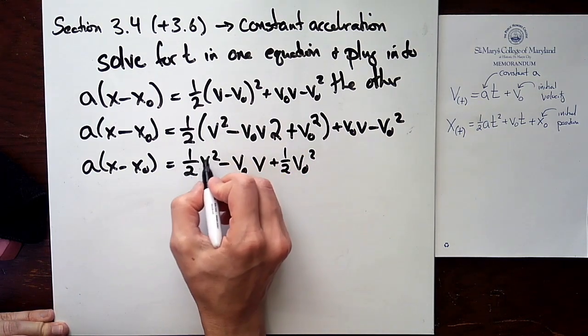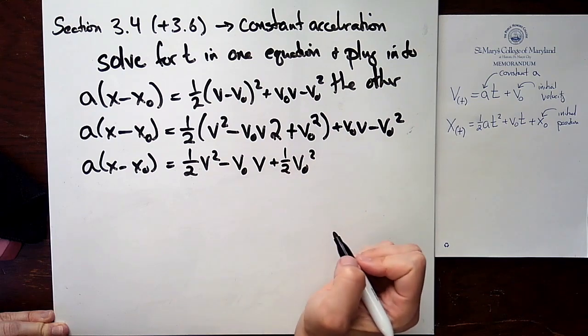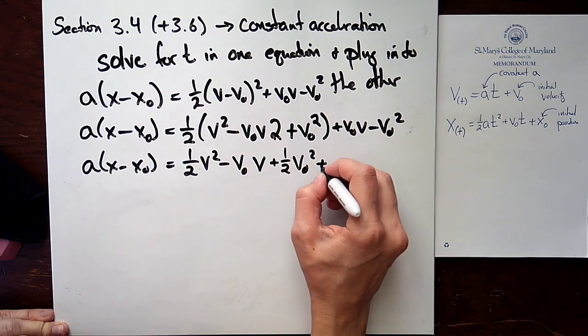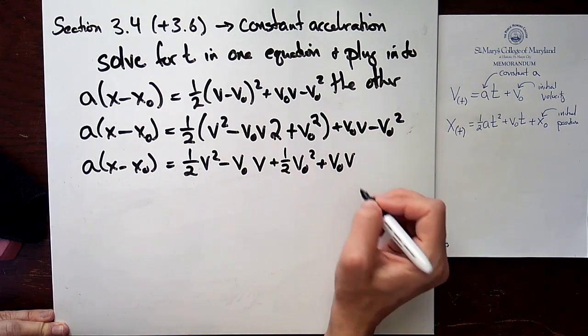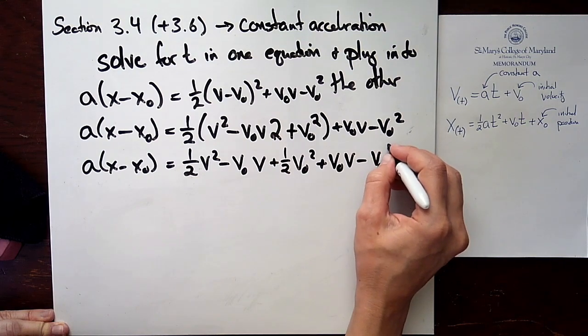Taking care of every term here, just double checking, yep, that's all of them. Then we write this term, plus v naught v minus v naught squared.